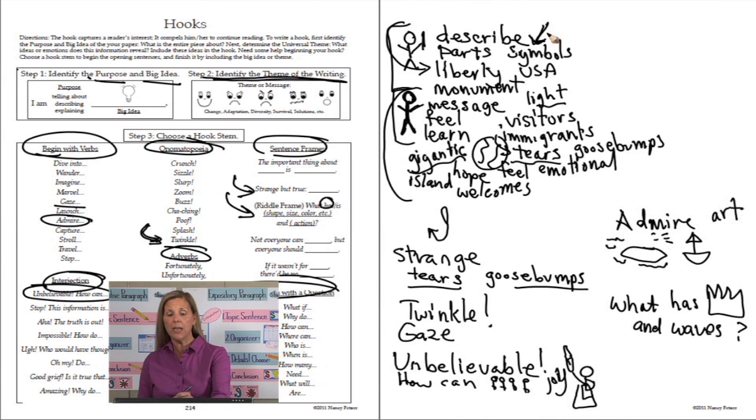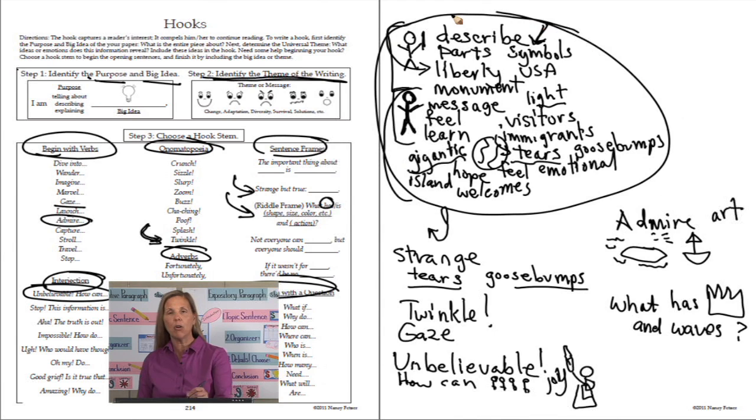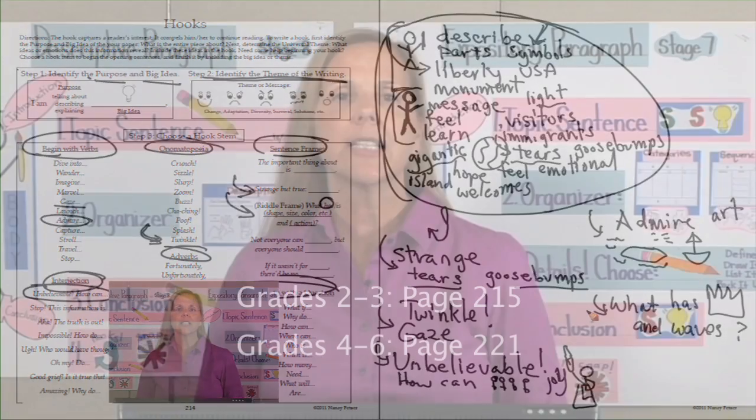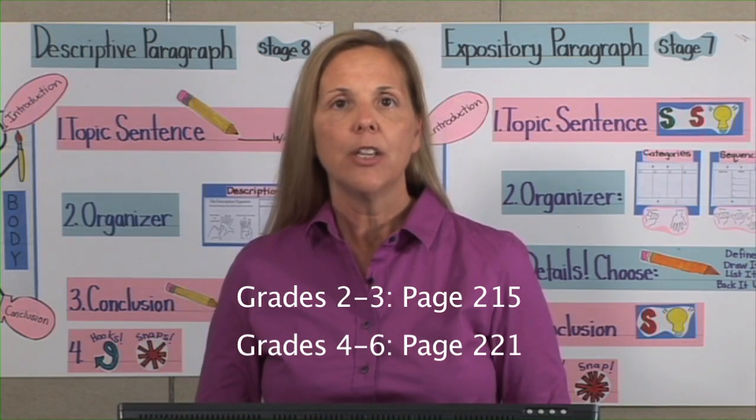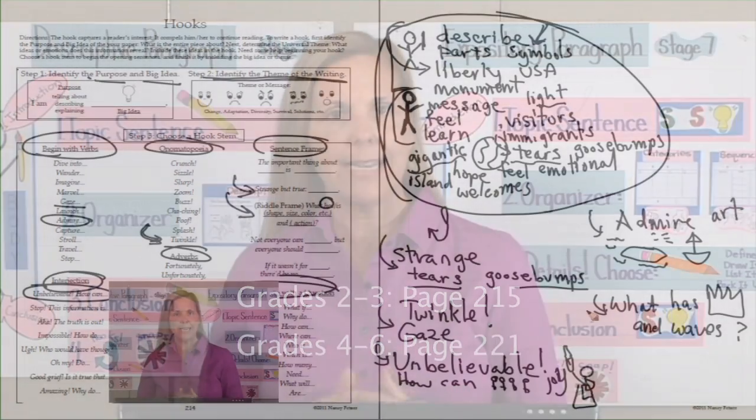Basically, what we've done is brainstorm everything we know about the Statue of Liberty. Then we've used some starter words or phrases, or we've also used some sentence frames in order to help create those hooks. Let's connect those hooks up to the snappy ending.